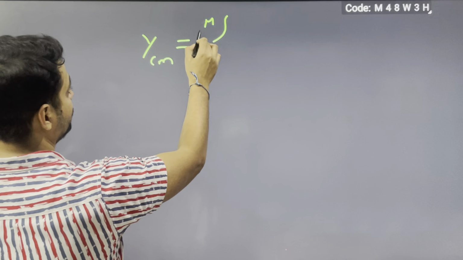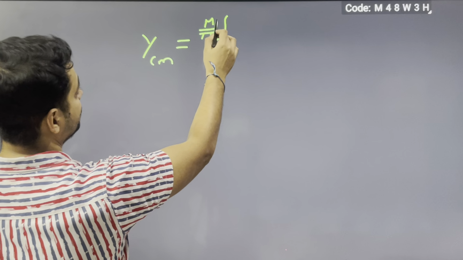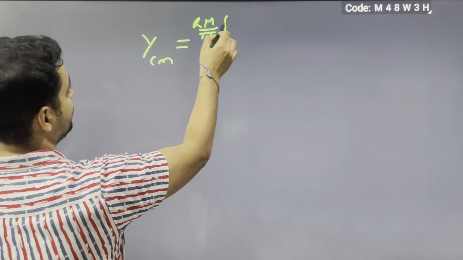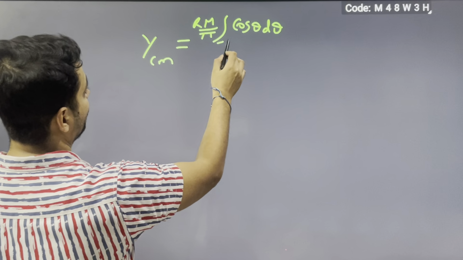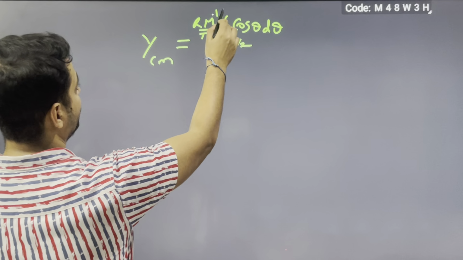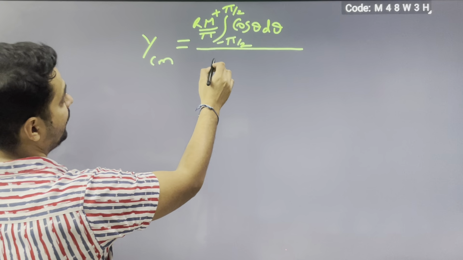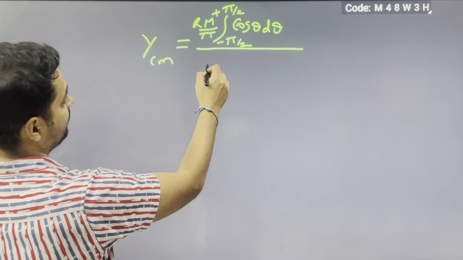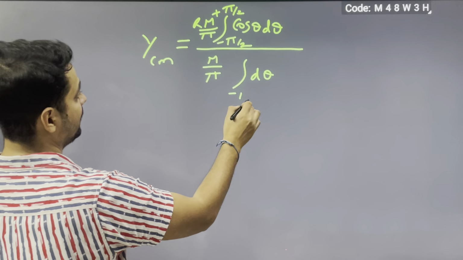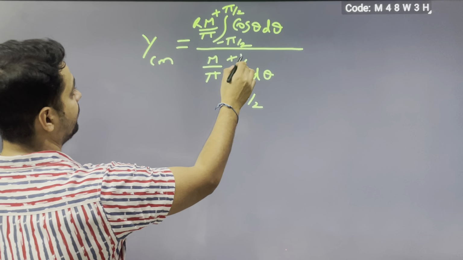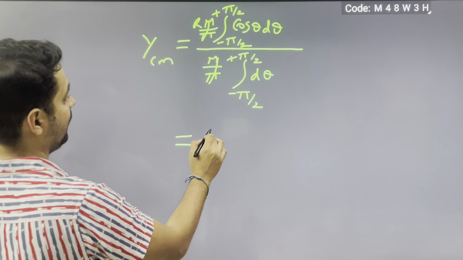So m by pi is a constant, we can take it outside, and it was r cos theta. So r also I can take outside, and cos theta d theta will be inside, from minus pi by 2 to plus pi by 2. Same way down it was m by pi, integration of d theta from minus pi by 2 to plus pi by 2. Now m by pi cancels out, so it will remain r only.